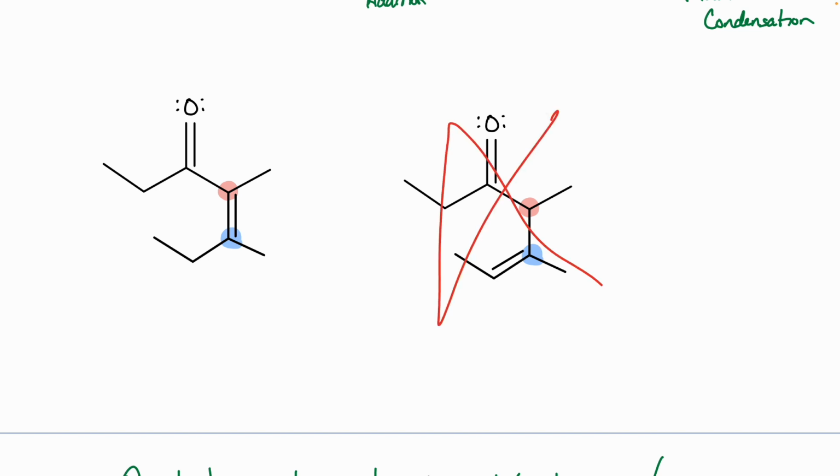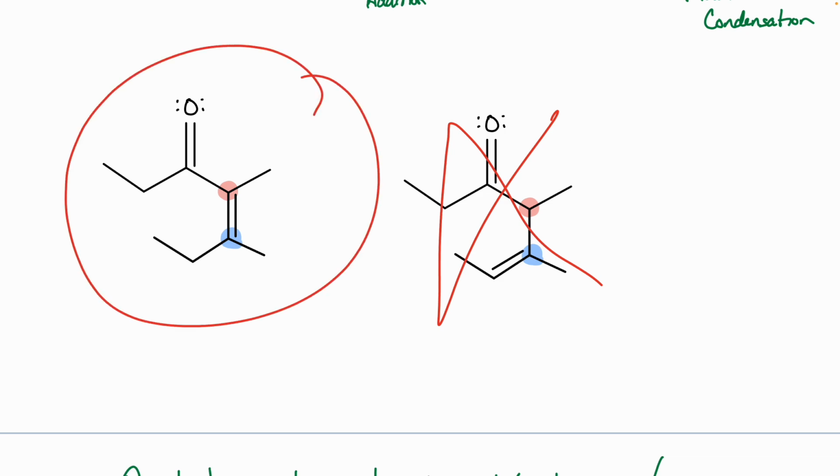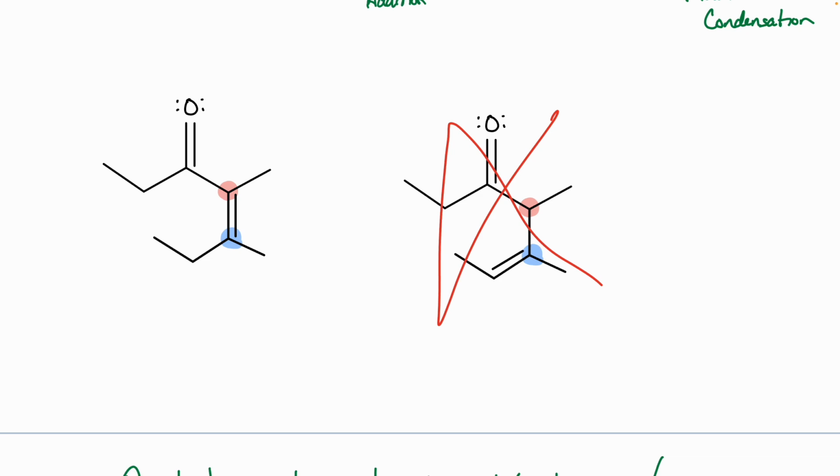Less substituted? Substitution is a really good guess. And that is part of the correct answer, that this one is indeed more stable. And substitution was a big factor in stability, don't get me wrong. But there's something else that this thing has that makes it much more stable. Rewinding back to the very beginning of the course, what do we call that double bond, single bond, double bond spacing?